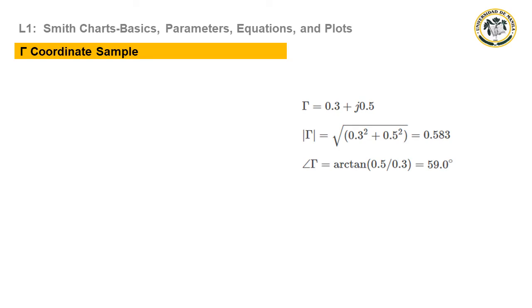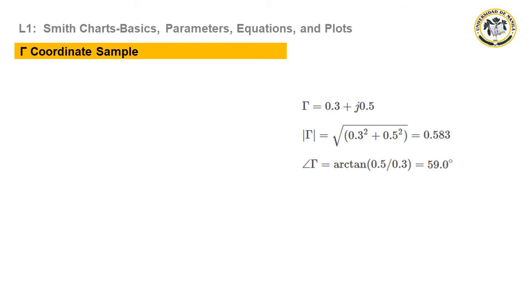So to plot, we plot the reflection coefficient. For example, we have 0.3 plus j 0.5 as our reflection coefficient. So to plot the magnitude of this reflection coefficient, we have to get its magnitude by square root of 0.3 squared plus 0.5 squared.